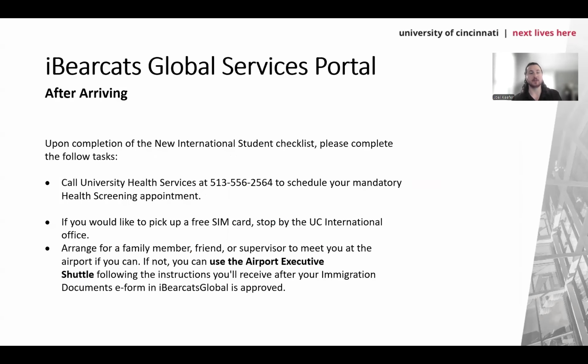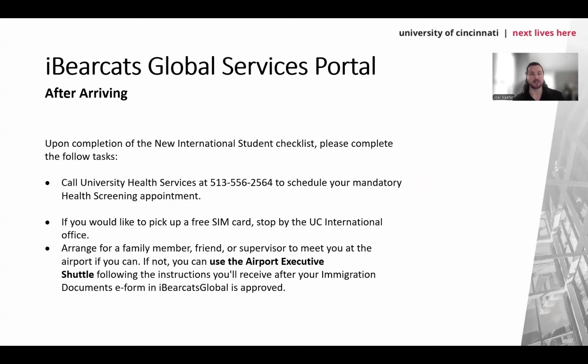After you complete the after arriving section of the new international student checklist, you'll also need to schedule your mandatory health screening appointment. There's the University Health Services number right there. After you arrive, you'll need to call this number to schedule your appointment. Our office also provides free SIM cards for your phone.